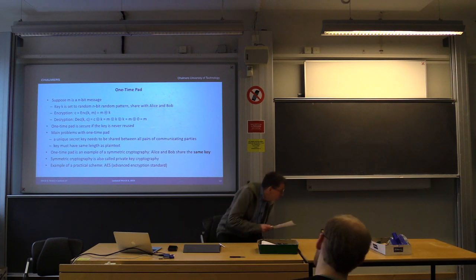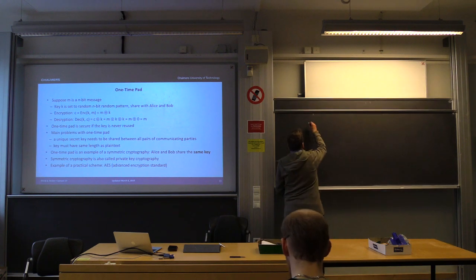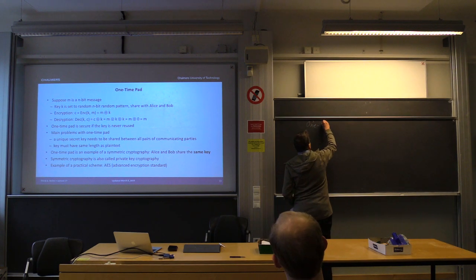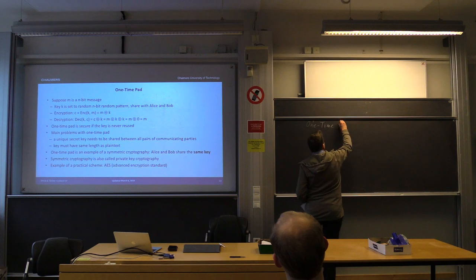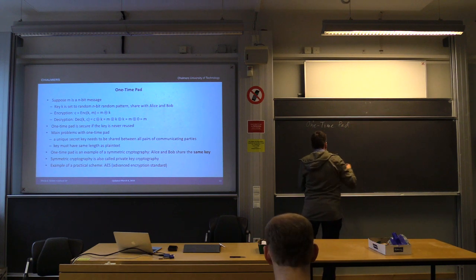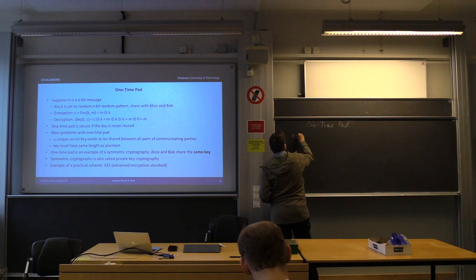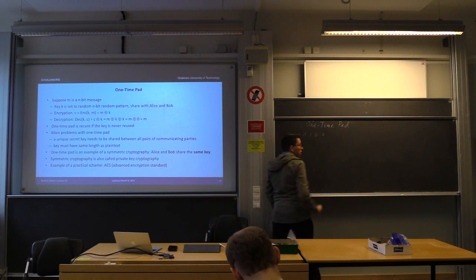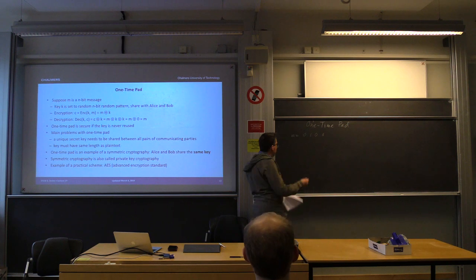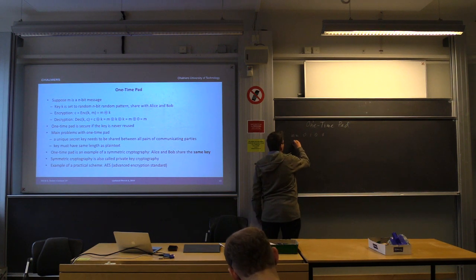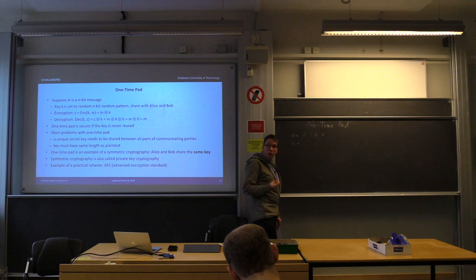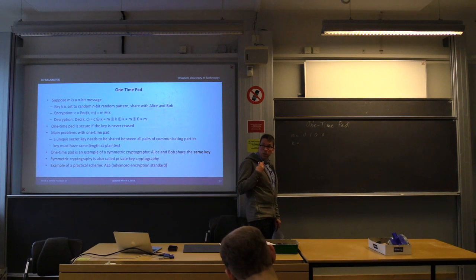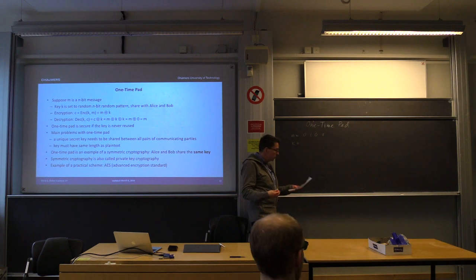To show a little bit why this is secure, suppose that the message is some bits here, 0, 1, 0, 0, for instance. And then we randomly generate the key to encrypt this message, and we have to have a new key every time we want to transmit a message.